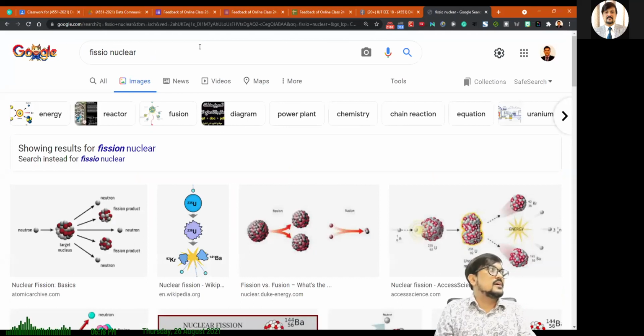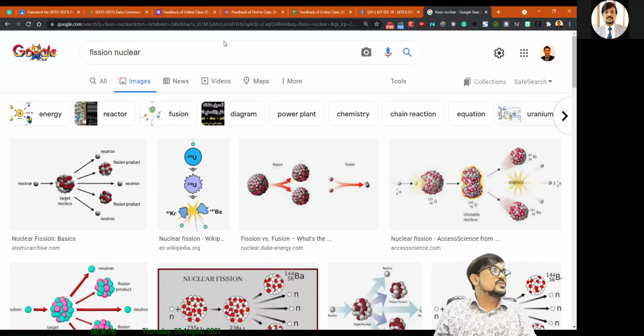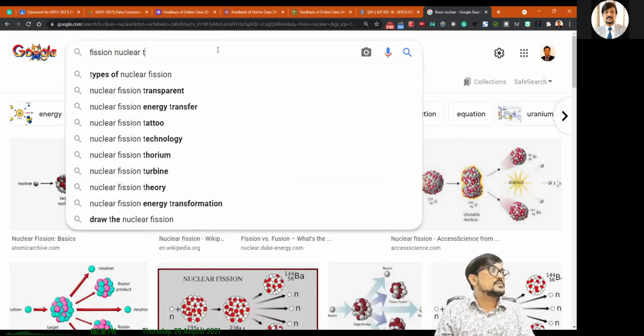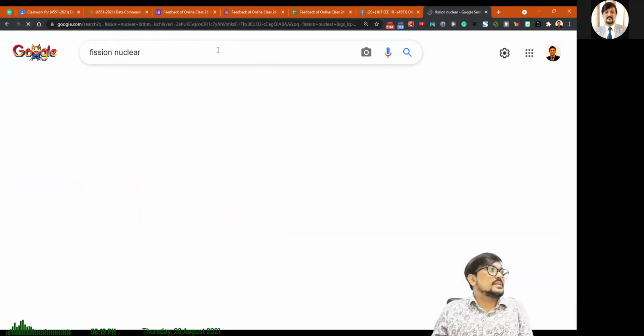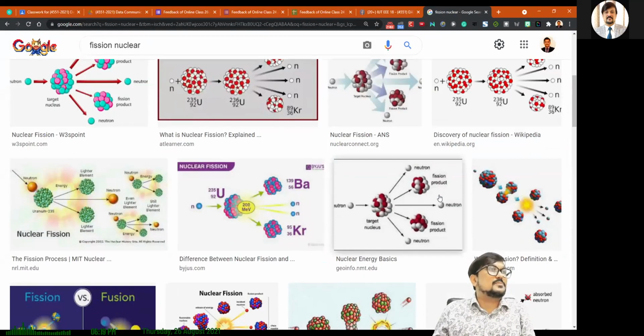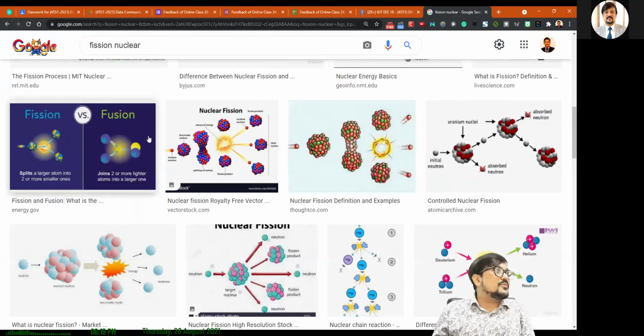So nuclear fission, then I can go for tokamak types. There are so many things. Just look at these kinds of things and you will find that fusion is dangerous, but fission is the future.